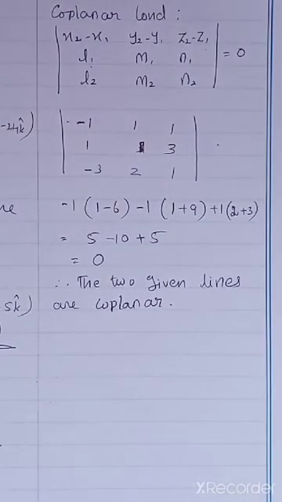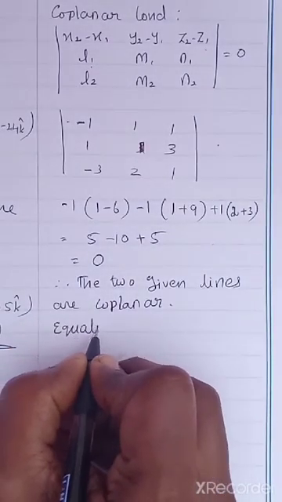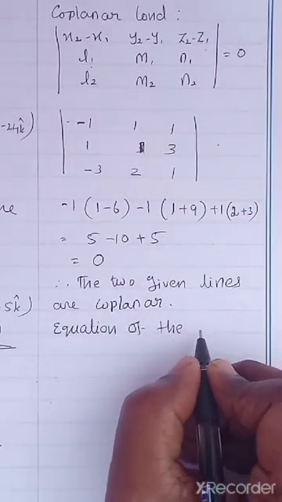Next, we have to find out the Cartesian equation. The question asks for the equation of the plane in which they lie. So what is the formula for the equation of the plane?